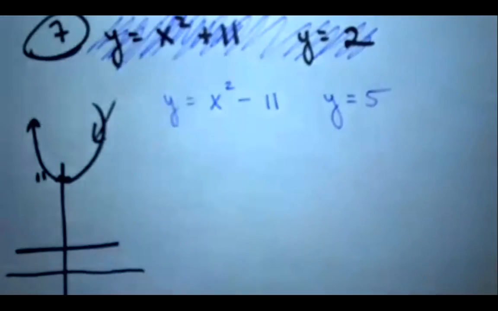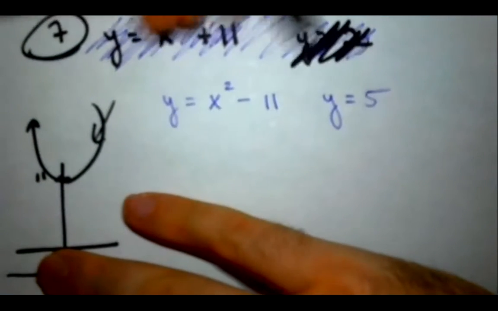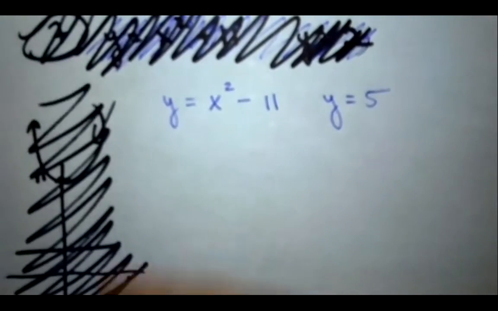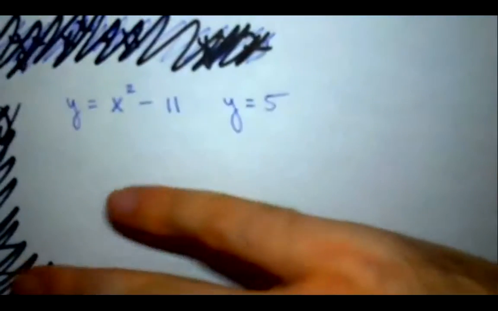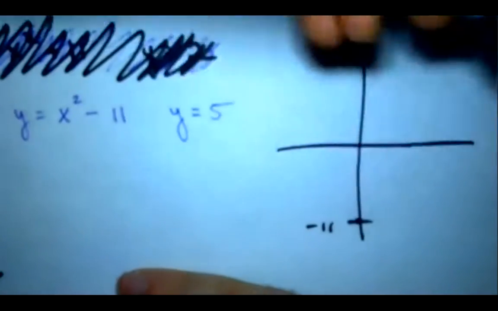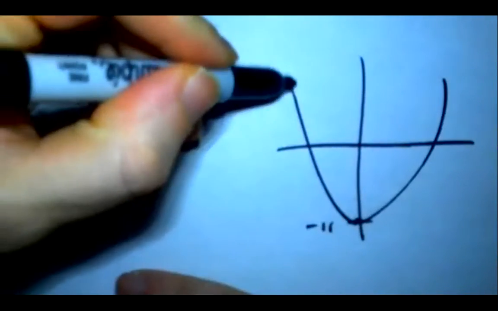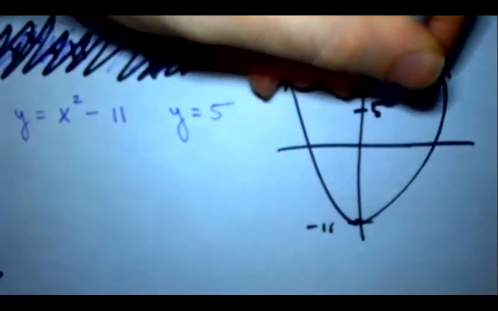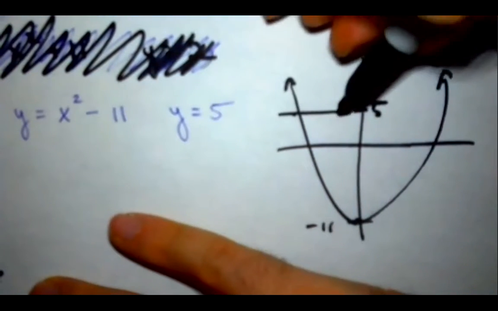Same type of problem, but again, we don't have any bounds given. This is a parabola shifted 11 units down, and this is a horizontal line at 5.